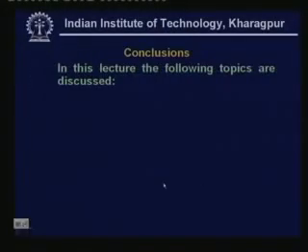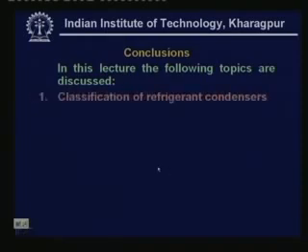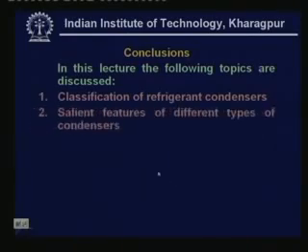Okay. So, let me summarize what we have learned in this lesson. In this lecture, the following topics are discussed: classification of refrigerant condensers based on external fluid, based on the construction, etc., and salient features of different types of condensers.